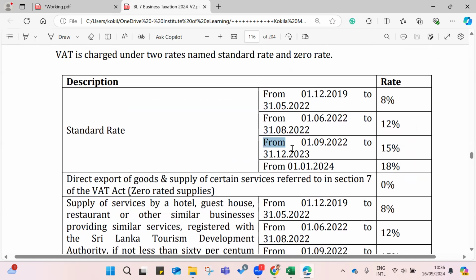So mostly you will get these two. If it is 31st December 2023 or prior to that, 15%. Or if the question says any quarter belongs to 2024, just apply 18%, right?